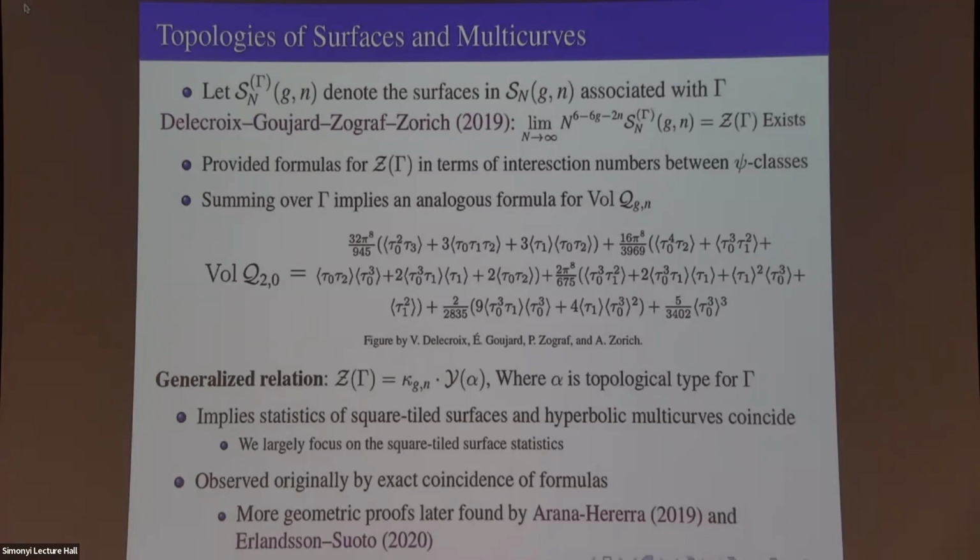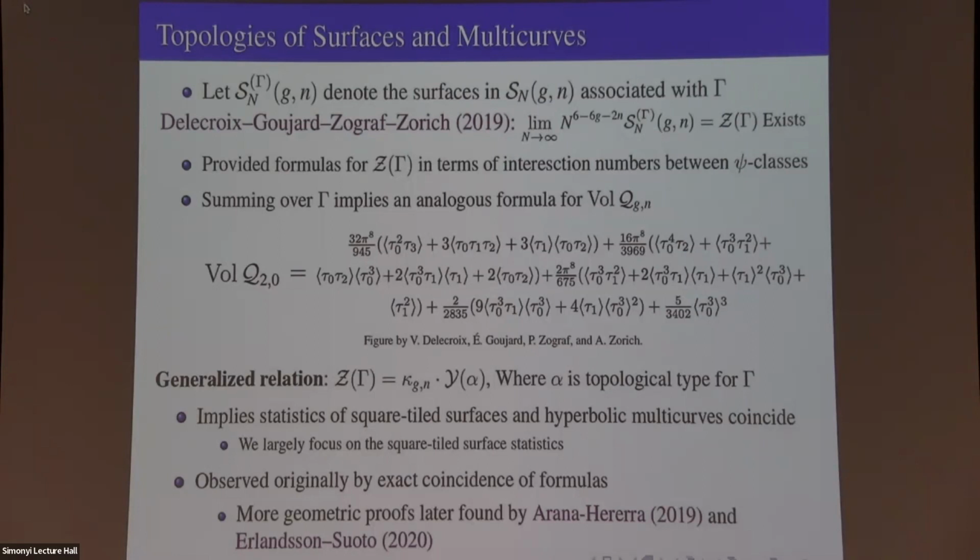And the theorem is that after I scale appropriately, by n to the 6g plus 2n minus 6, the number of such surfaces after the scaling exists. They also provided formulas for this number in terms of intersection numbers of certain algebraic geometric classes. And in particular, if I sum over all Γ, I get back the volume, since I'm summing over all possible topological types.